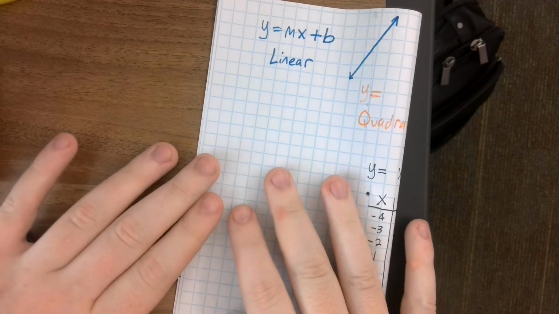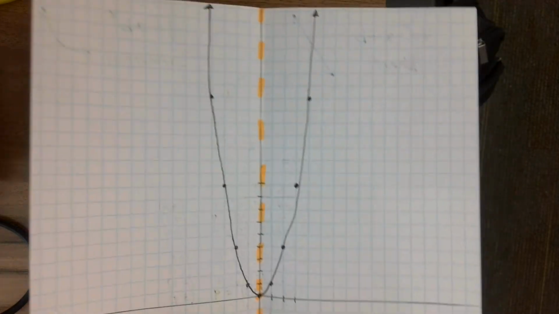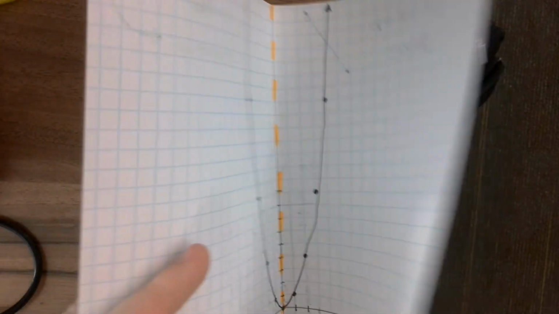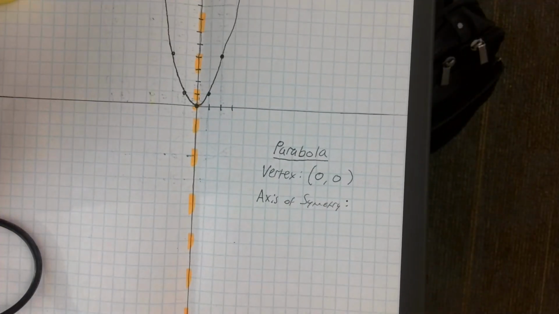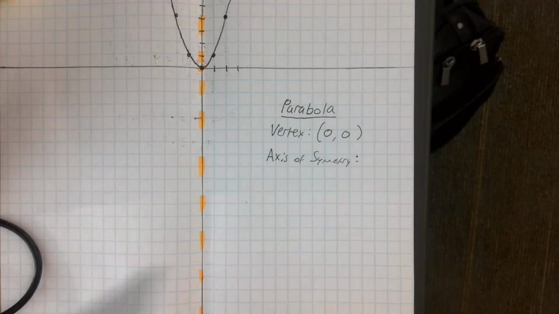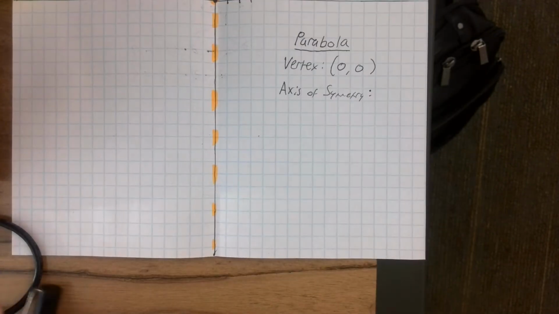Like you can imagine, if I was to fold this paper in half, you can see that the graph sort of flips over this folded line. See how it almost matches up perfectly as we get in close together? So the axis of symmetry is where it flips. We want to write the axis of symmetry as the equation of a line, since that's really what it is.